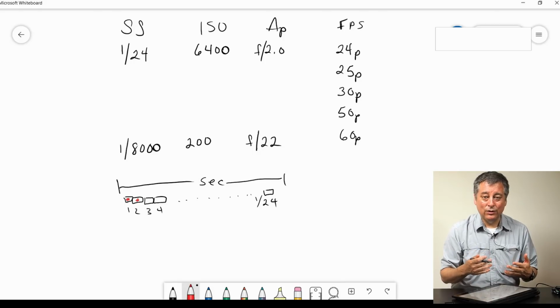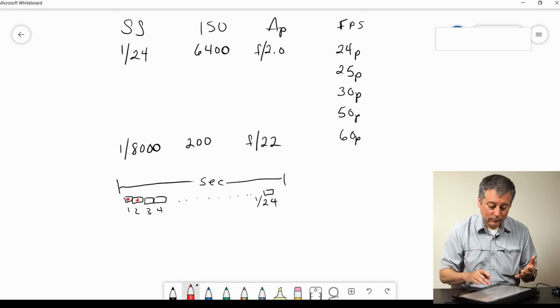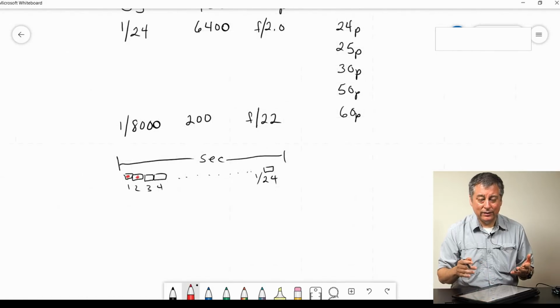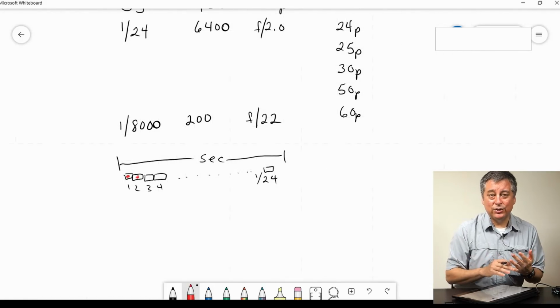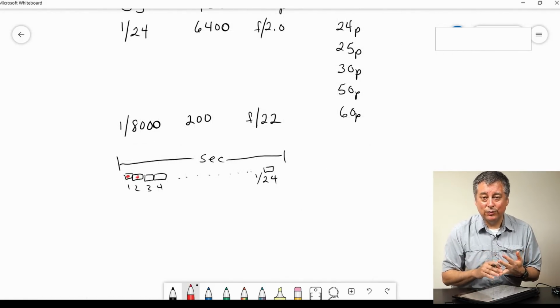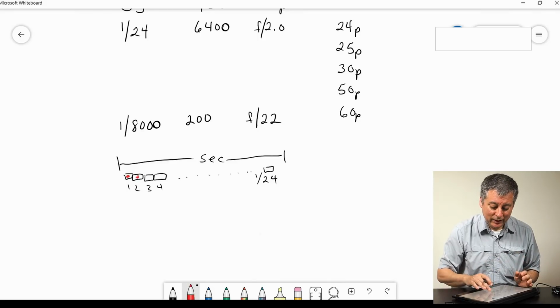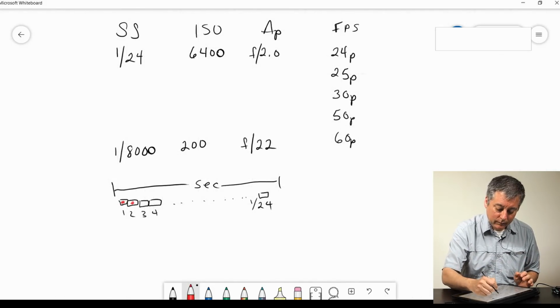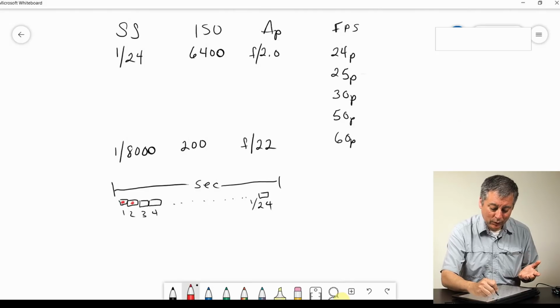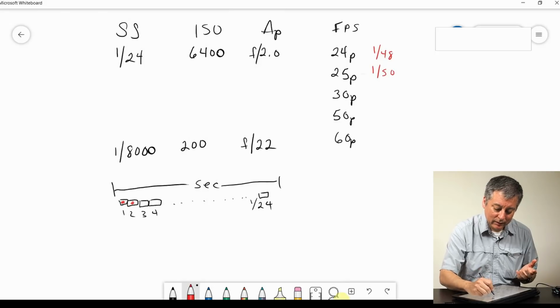And that's called the 180 rule. Basically all it says is to double your shutter speed versus what your frame rate is. So in this case, if we're at 1/24th, we would use 1/48th of a second. Here we would use 1/50th of a second.